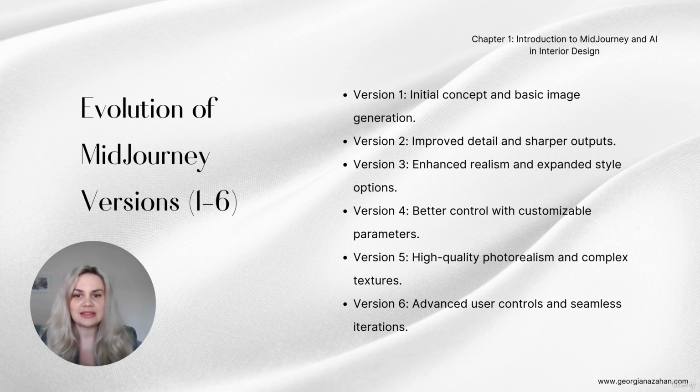Version 5 and 6, total glow up. We're talking high end visuals, textures so real, you feel like you could walk into the space. And with version 6, you also get better user control, so it listens to your prompt more precisely. It's like going from sketching with a pencil to rendering with magic.